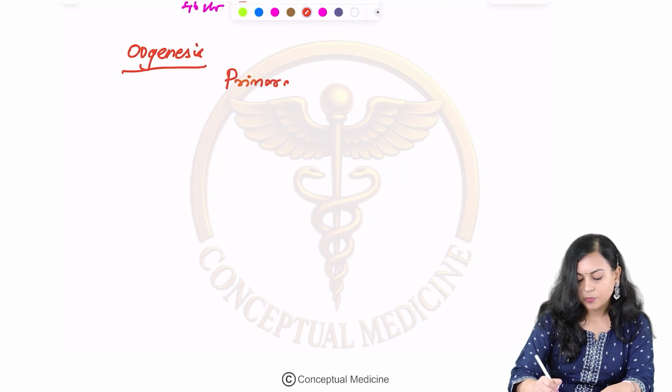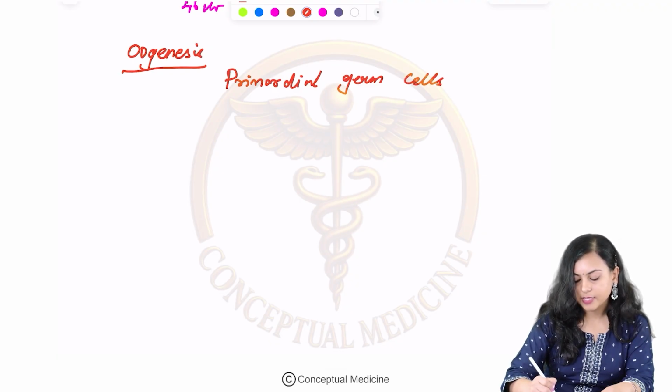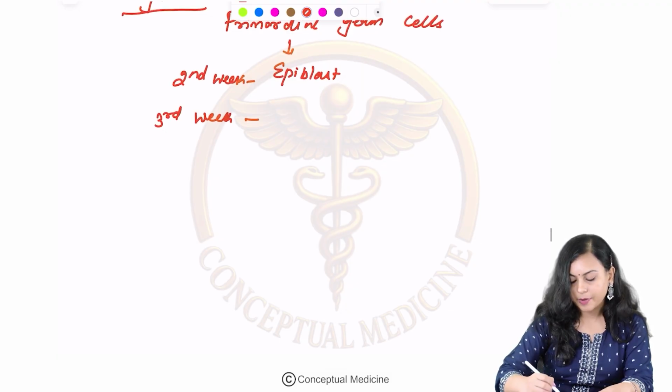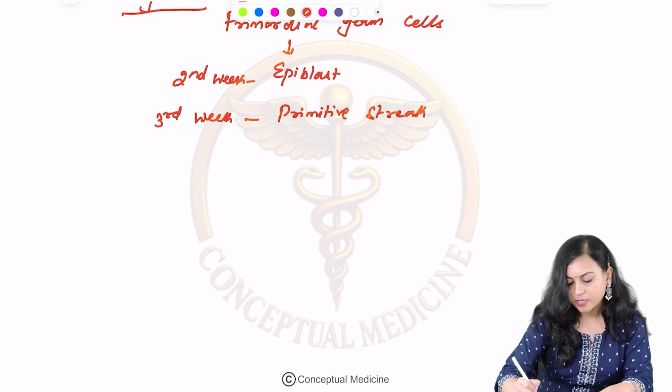The germ cells for oogenesis are the primordial germ cells, and these are seen in the epiblast by the second week. By the third week, these germ cells from the epiblast migrate through the primitive streak and reach the yolk sac.